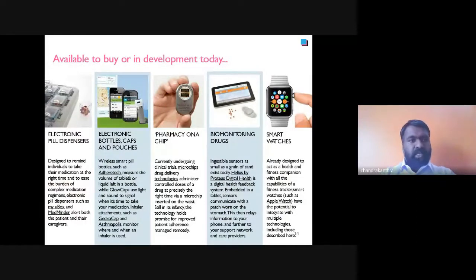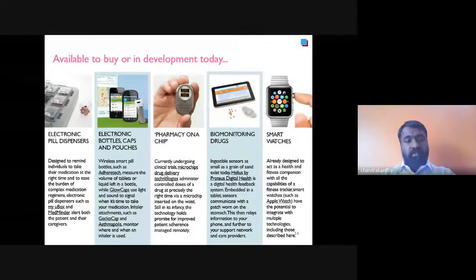There are electronic pill dispensers which dispense the pills at certain times, and there are electronic bottles, caps, and pouches which monitor all the pills, medications and syrups which have to be delivered. There is also pharmacy on a chip, an integrated chip which currently undergoes clinical trials.